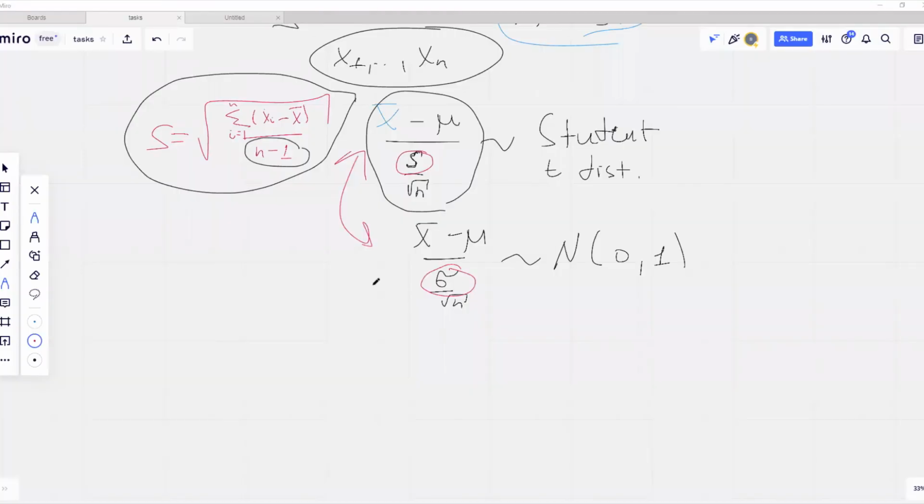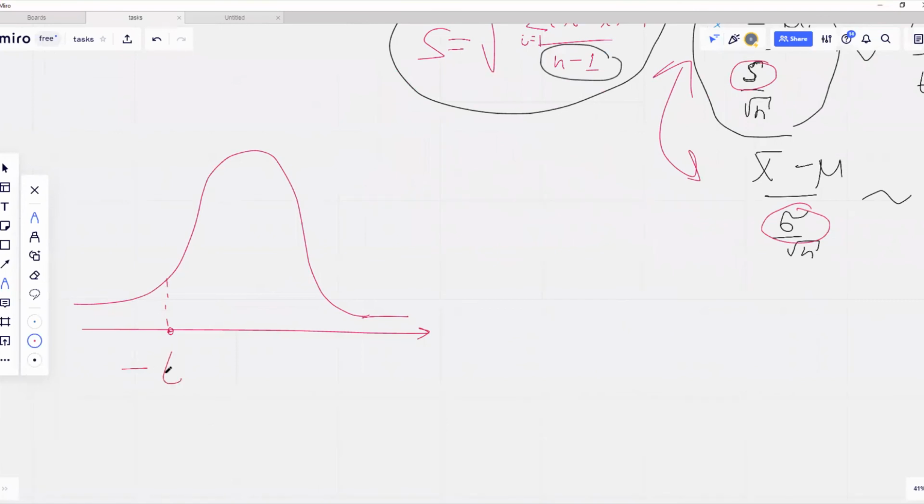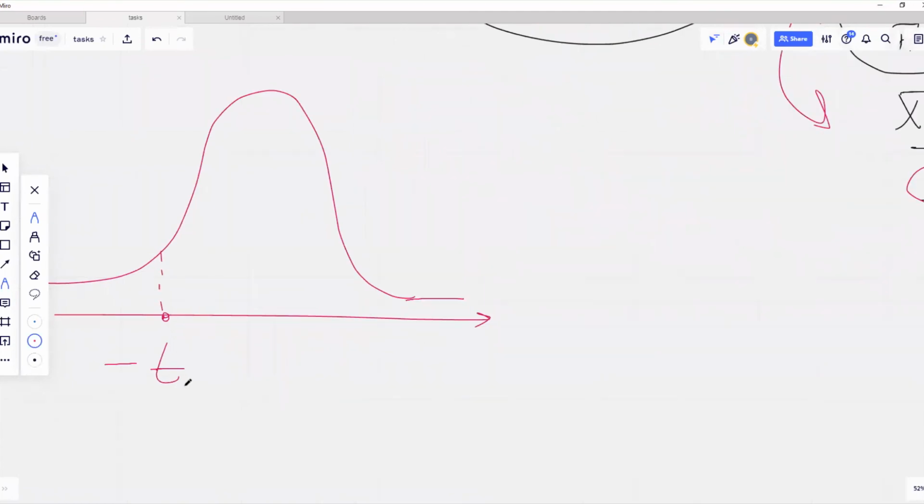Now, coming back to our problem, now we know that this random variable follows student t distribution. Let's draw its PDF here with n minus 1 degrees of freedom. Then if we want to find the probability that this random variable lies in an interval, let's say from minus t, let's use the following notation: t subscript degrees of freedom, and then alpha over 2, to the positive value.